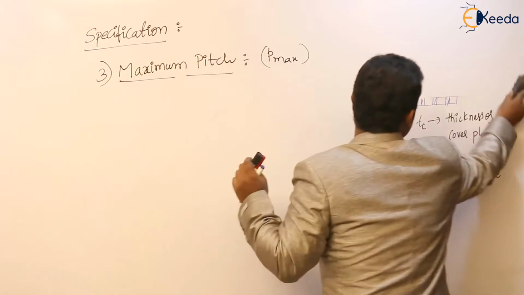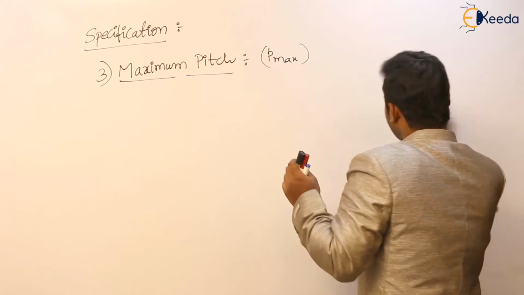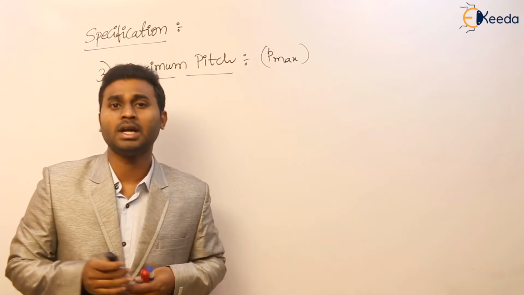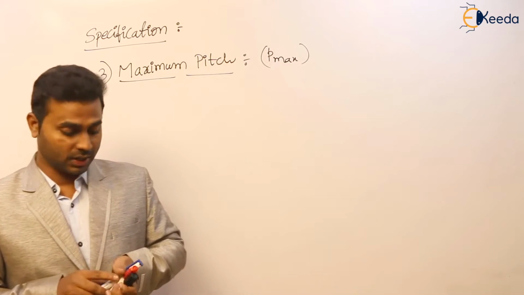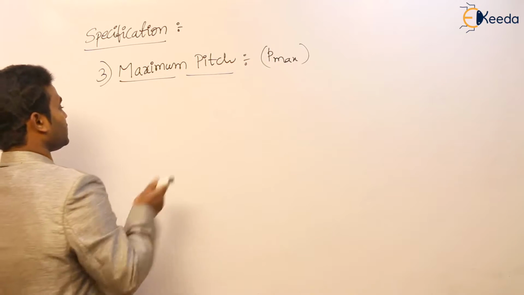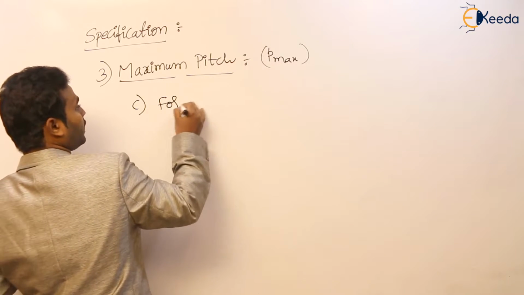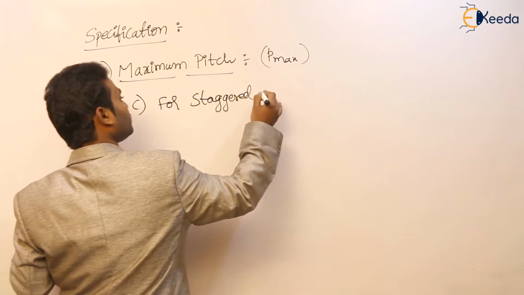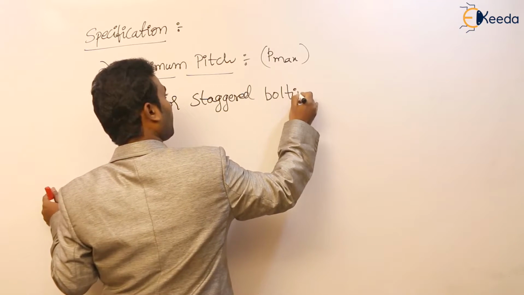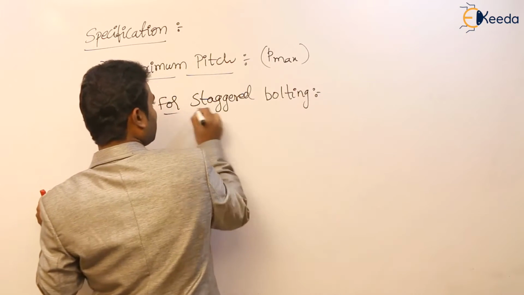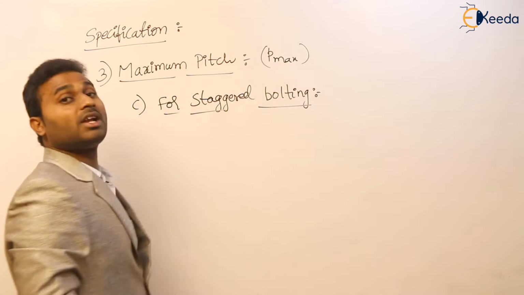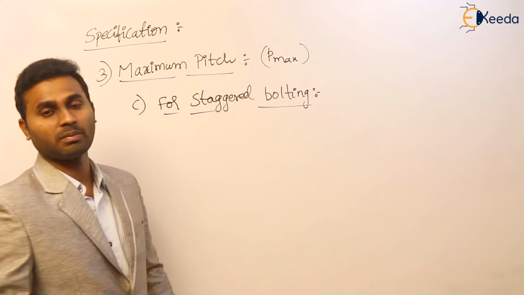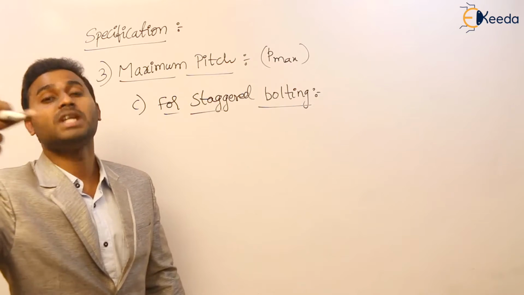The next case is for staggered bolting. Usually we provide chain bolting or diamond bolting, but we prefer diamond bolting. But if we provide staggered bolting, then for the maximum pitch values we have discussed for compression member and tension member, those values should be increased by 50%.